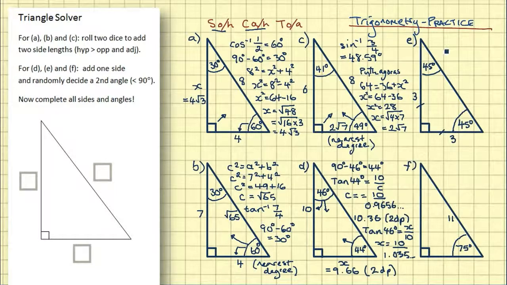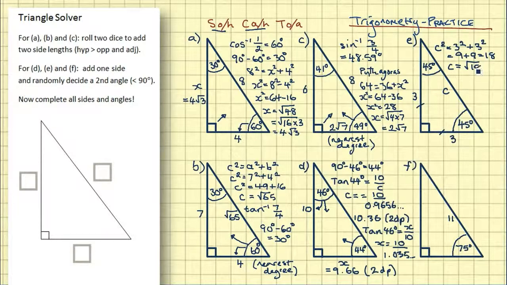And if that's 3, then by Pythagoras, I know that, let's use c, c squared equals 3 squared plus 3 squared. I suppose you could say 2 times 3 squared. But that's going to equal 9 plus 9 equals 18. Now, c, therefore, equals square root of 18.